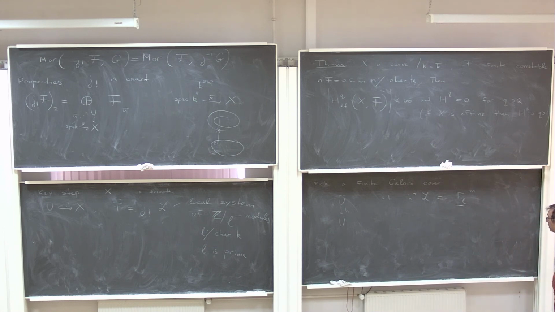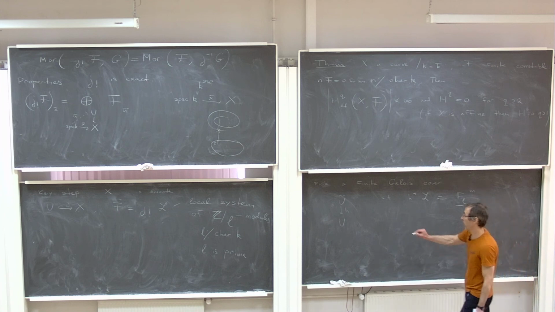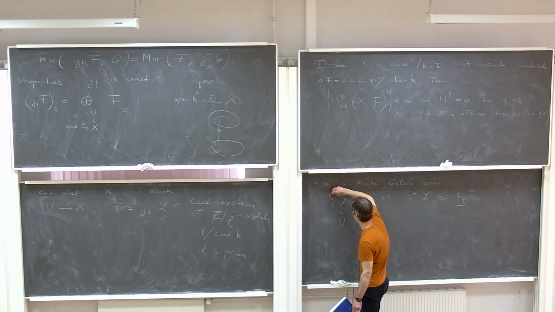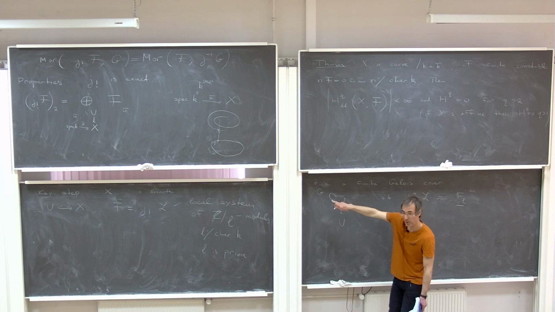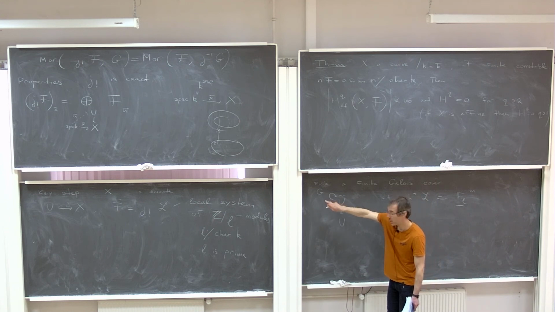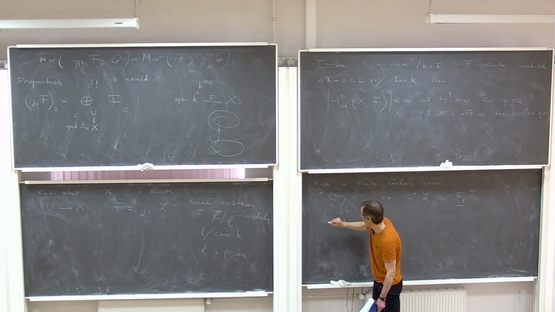So I have a Galois group of this cover, which is G. And again, as we did for Galois homology, I take the Sylow subgroup of G. So I factorize this.